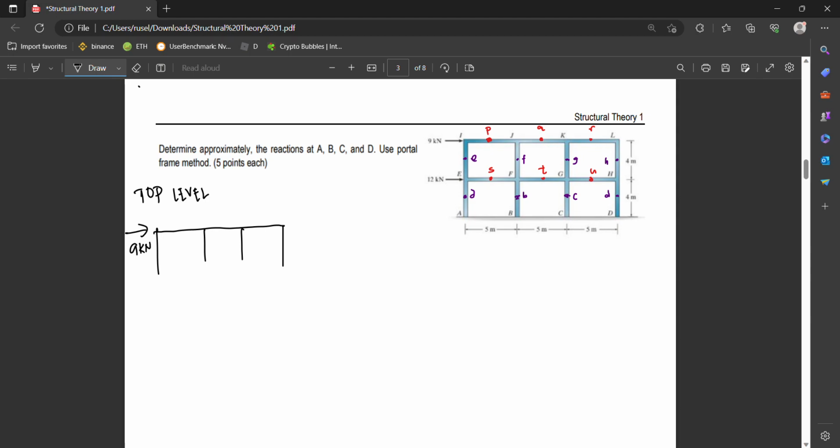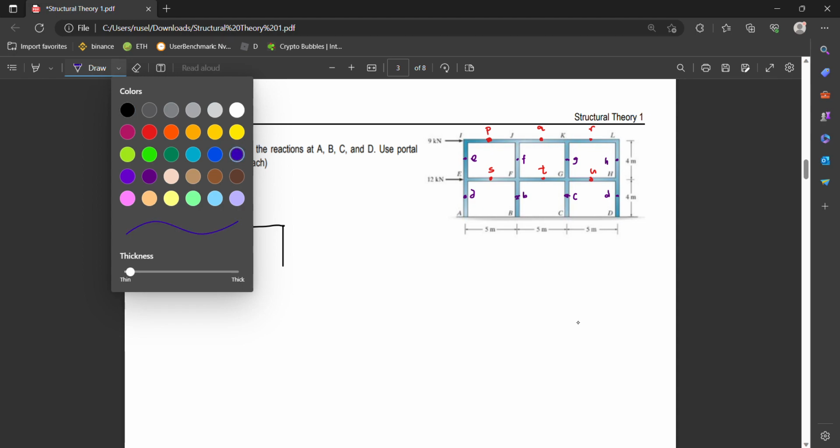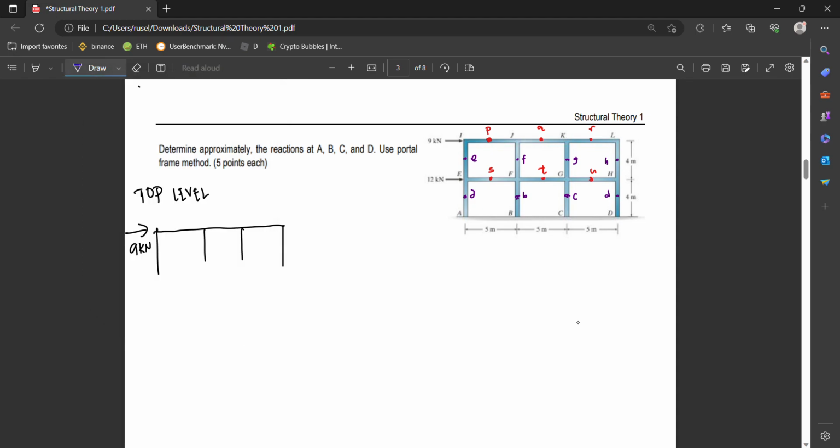Okay? In that case, by portal method, this is your V, 2V, 2V, and your V. So, we will find the shear. Since this is 9 kilonewton, 9 kilonewton is equal to V plus 2V plus 2V plus V. This is summation of forces horizontal equals 0.